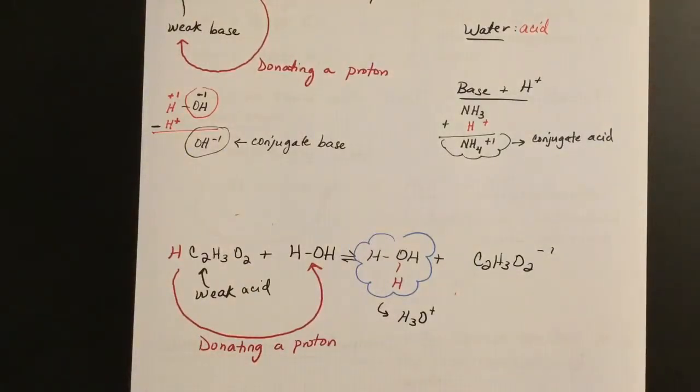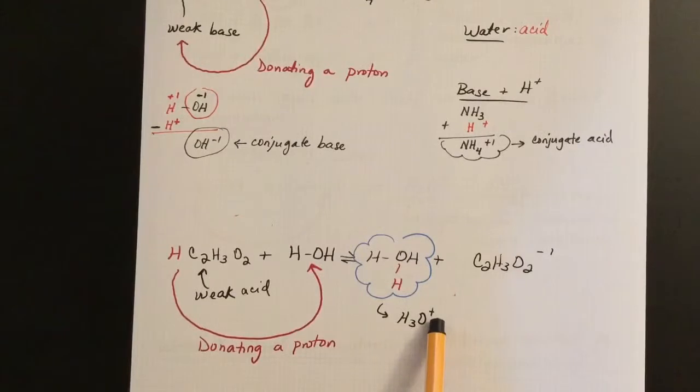So that proton has a positive 1 charge. And that's why this one will give you a positive 1 charge right there. It's a neutral water molecule accepting a proton. So your acid here, donating the proton, is giving you the conjugate base. And your base here on the reactant side, accepting the proton, is giving you the acid.